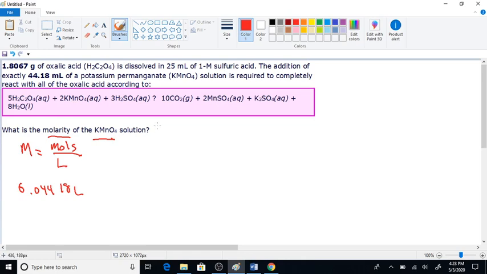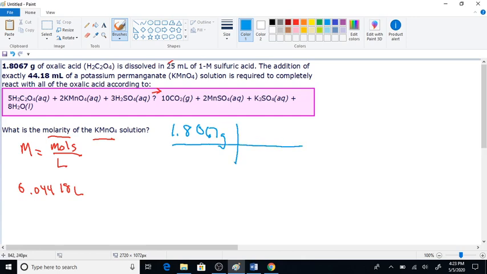Okay. You're given this here, and you're given this here. There's an error there, it didn't translate very well when I copied and pasted. So one of these two is the limiting reactant. What you could do is take one of these, let's take this, and turn it to moles.